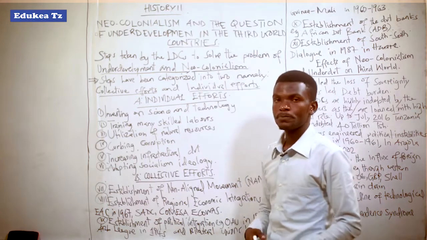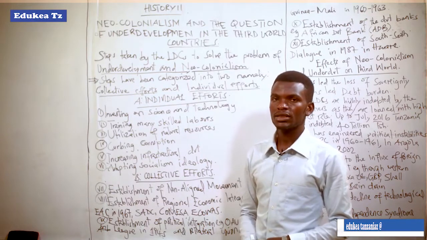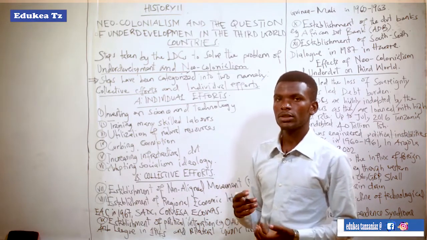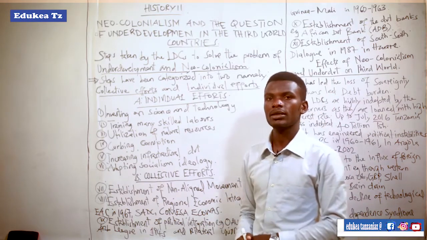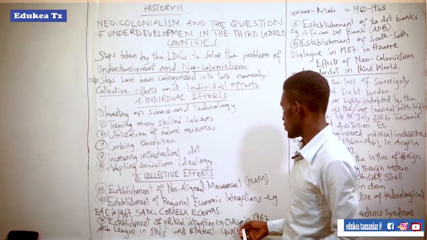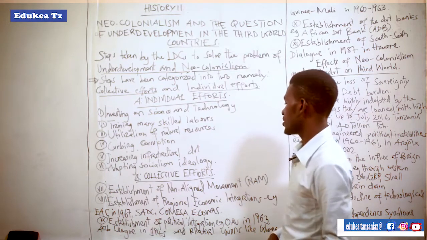It means the third world countries intended to improve political integration among themselves. For example, the establishment of the OAU, Organization of African Unity, in 1963.